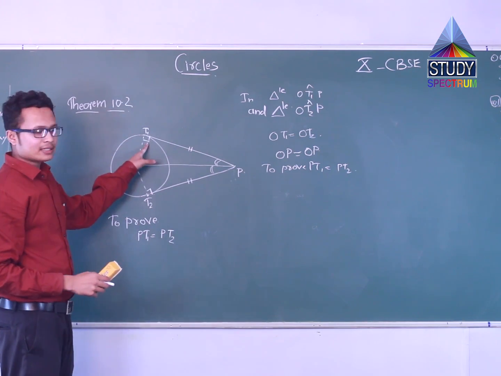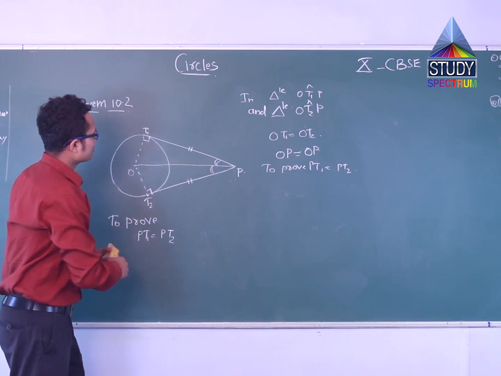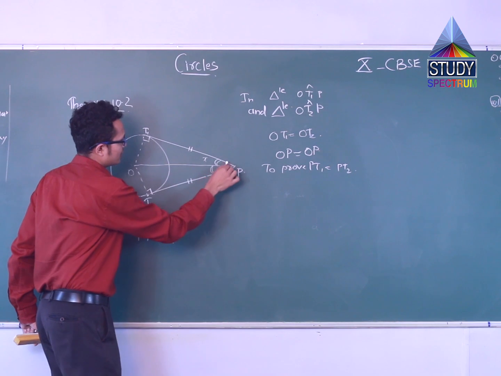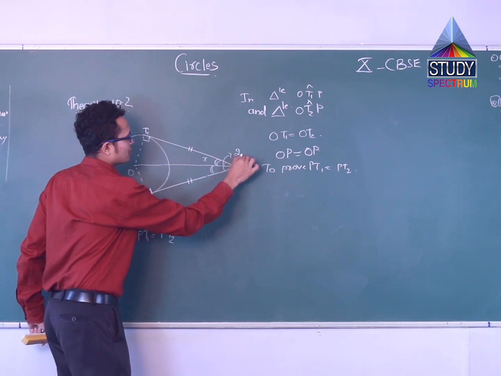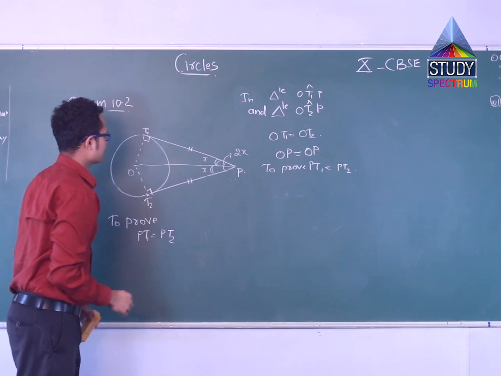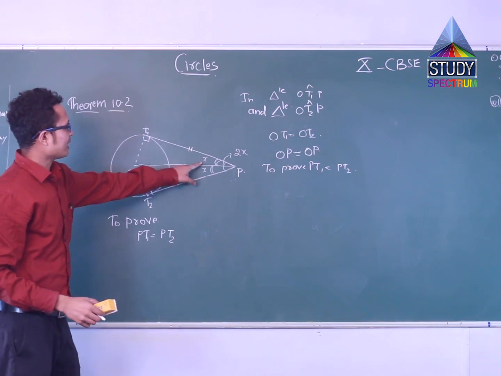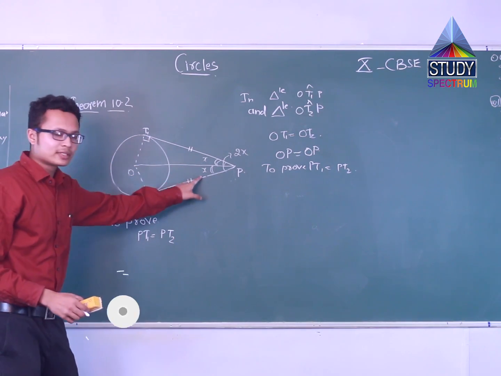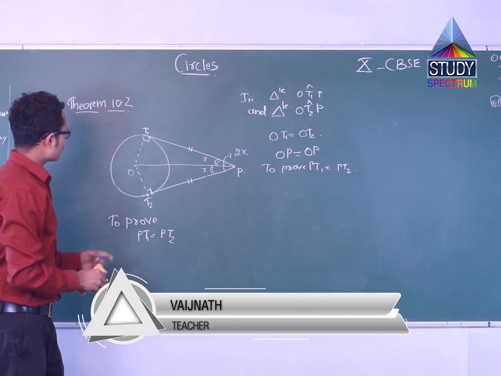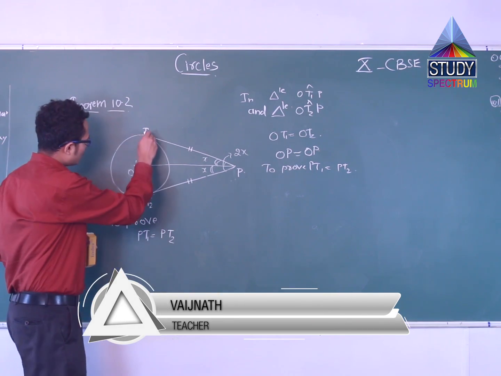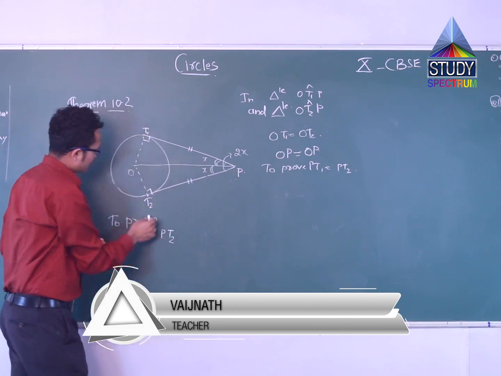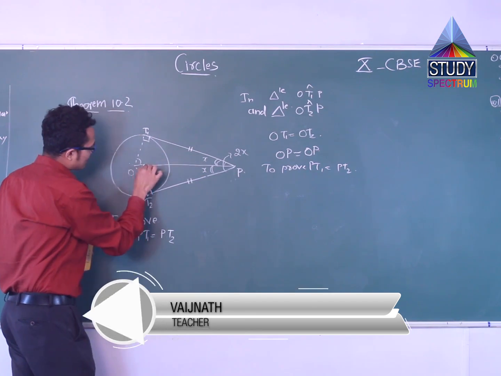If the entire angle is 2x, this will be x and this will also be x. So 90 plus x in both the triangles. So shouldn't the angles T1OP and T2OP be equal?